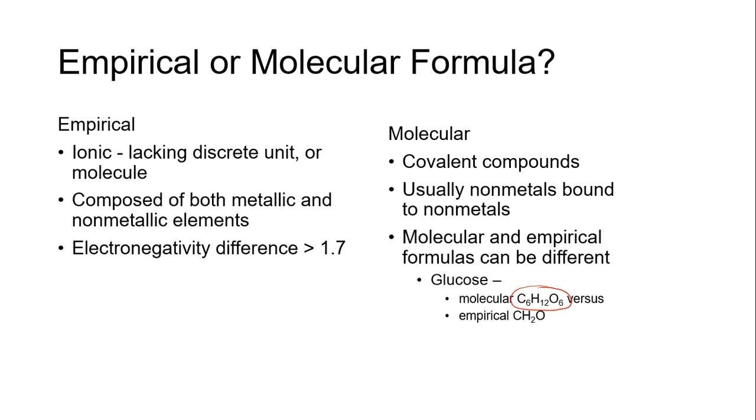But the empirical formula, remember, is the simplest ratio, which means that for every one carbon, there are 2 hydrogens and 1 oxygen. And so that's the simplest ratio. And so you can see the difference between the molecular formula, which talks about one entire molecule, and the empirical formula, which just talks about ratios.